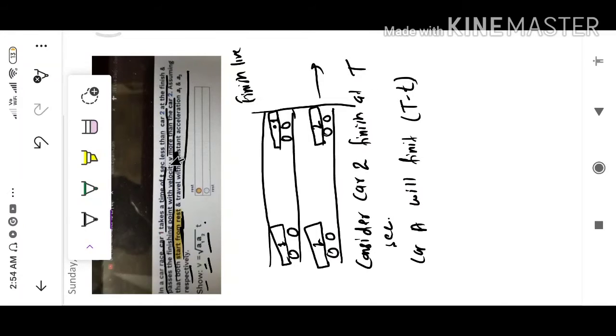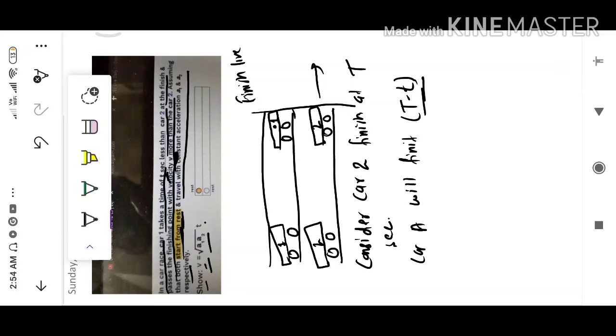See, it is given in the question that it takes t less. If car 2 finishes at T seconds, then car 1 will finish at T minus t seconds. This is the assumption we are making here.